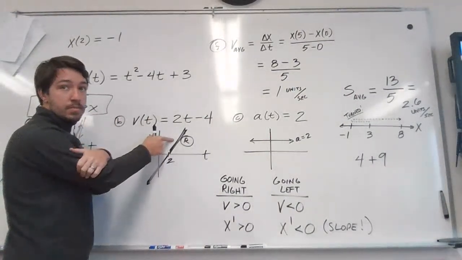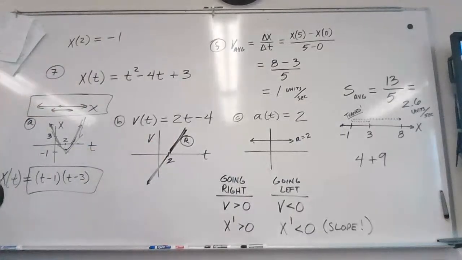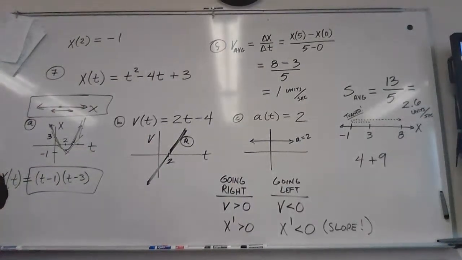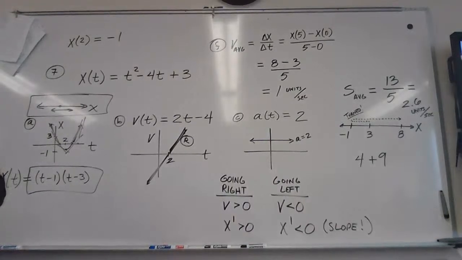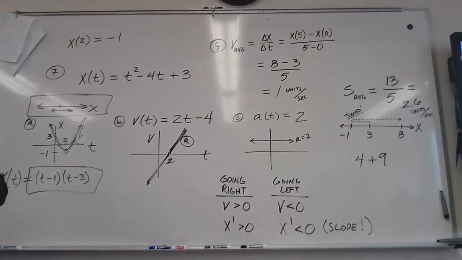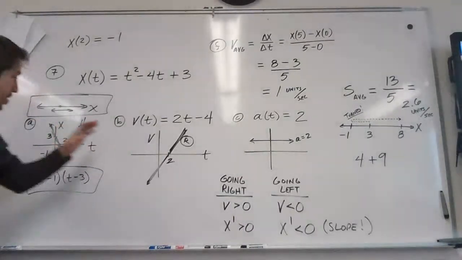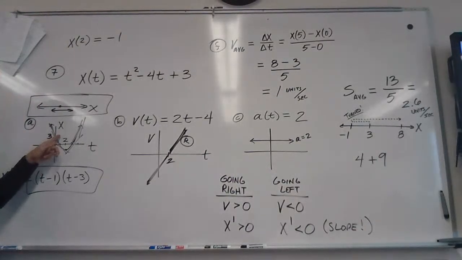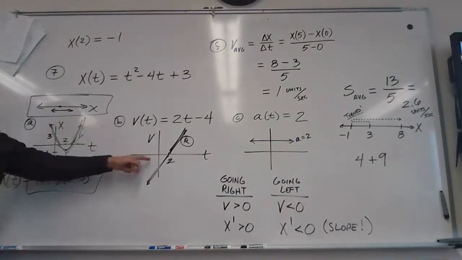Yes, Aiden? So you can only take the slope and say it means going right from the position versus time graph, not any of the other graphs with the positive slope. Okay, correct me if I misinterpret the question, but are you saying the slopes of this graph tell us about the velocities?